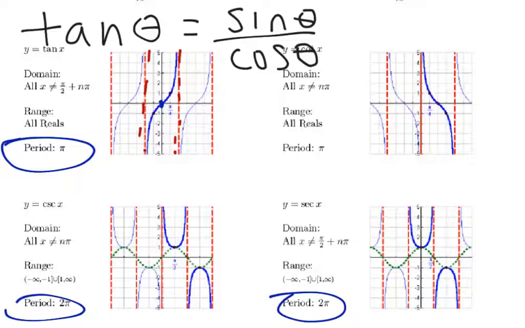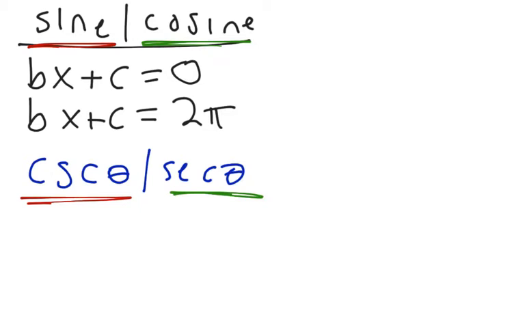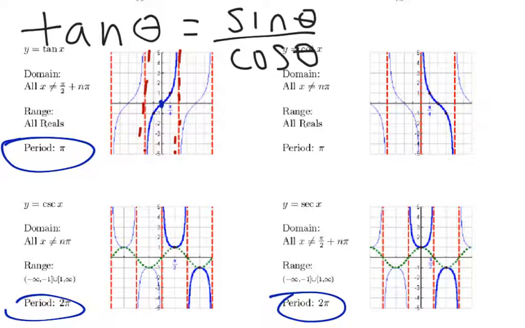So this is why I have you graph two periods' worth, and this is why the graphs look like that. It turns out that our start and our end point for tangent are where the vertical asymptotes are, right here and right here.